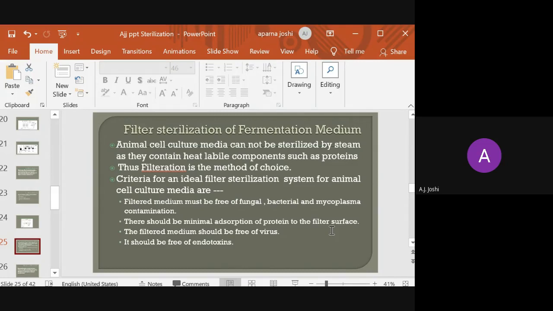Whenever we have to add biotin solution in the fermentation media, it is never added before sterilization by heating. The media is separately sterilized by heat, and biotin, amino acids or other such media components are separately sterilized by filtration. But in case of animal cell culture media, we cannot employ the heat sterilization method at all. So here we are mentioning only the animal cell culture media.